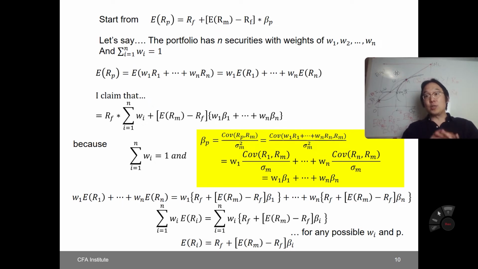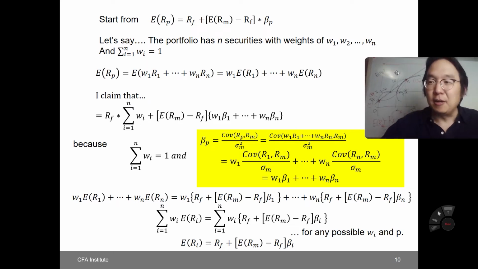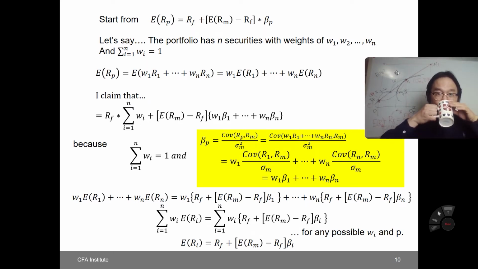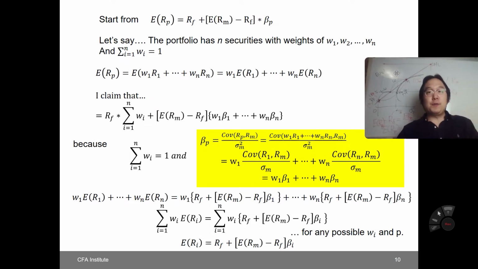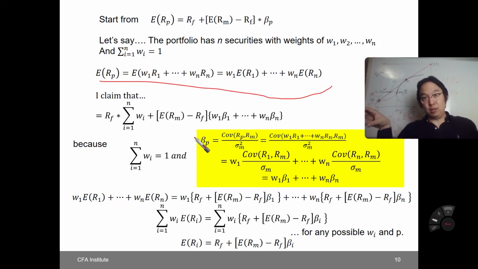It's the same idea in East and West. Anyway, if you introduce this idea to the portfolio, the P over there, you're going to see that this equation switches into this one over here. The expected return of your portfolio should be nothing but the weighted average return of each different security. Make sense? That's the first equation.